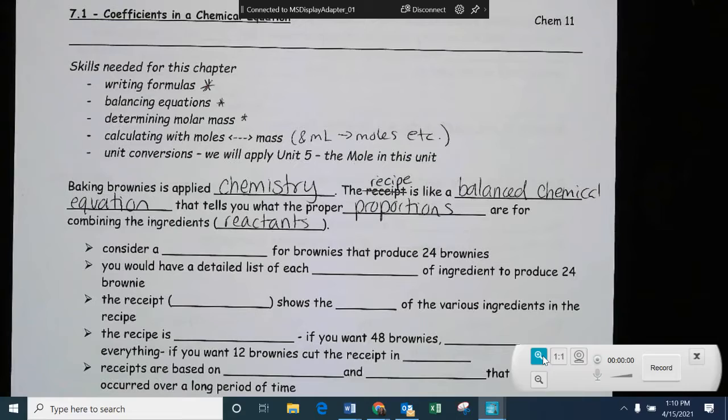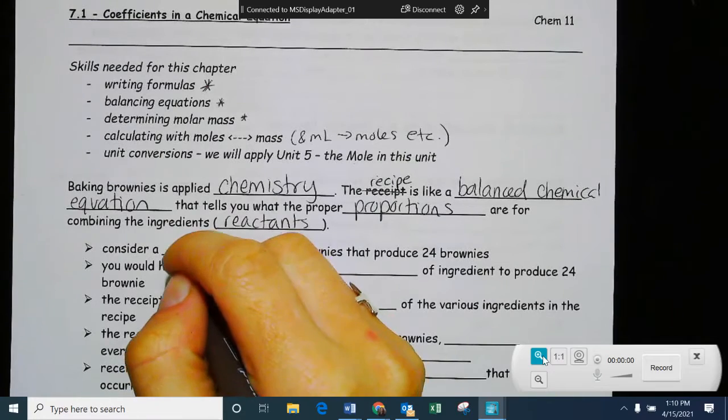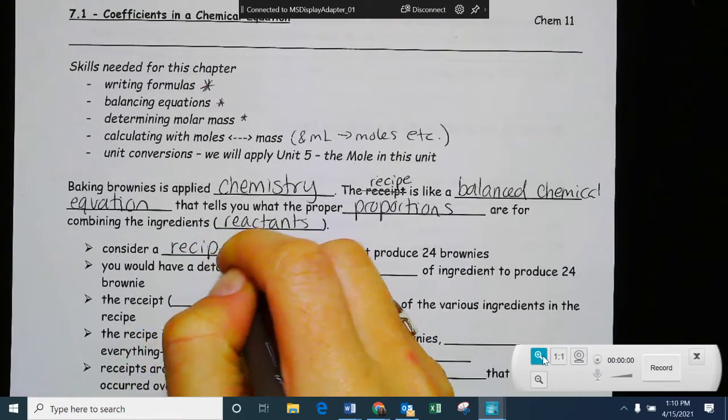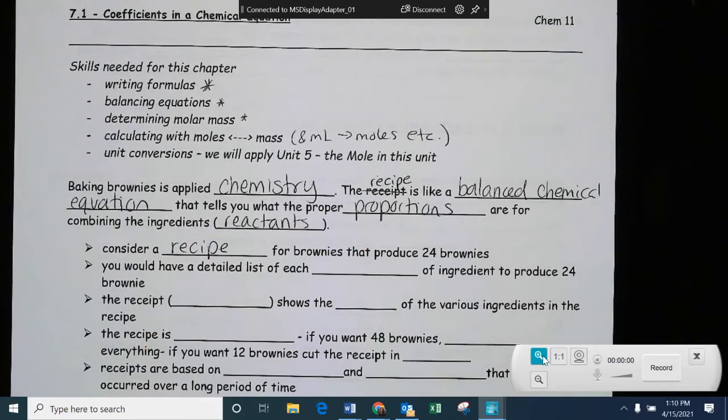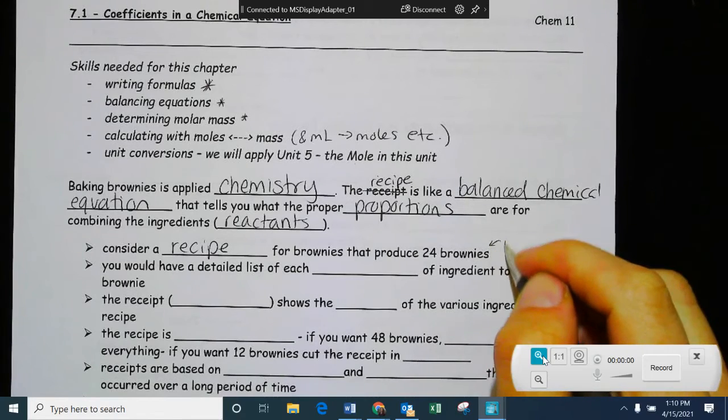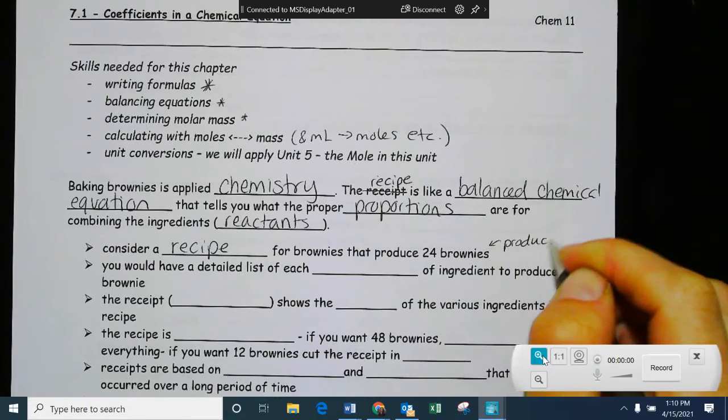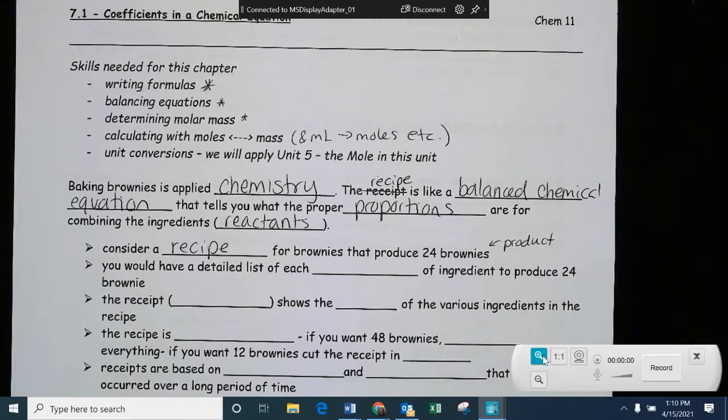Okay, so we're going to think about a recipe for brownies that makes 24 brownies. So 24 brownies is going to be our product in this metaphor for a chemical reaction.